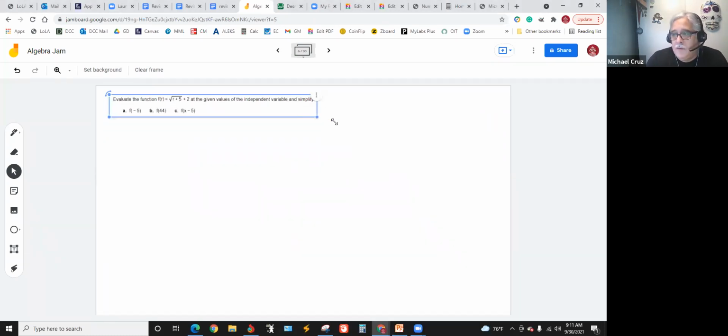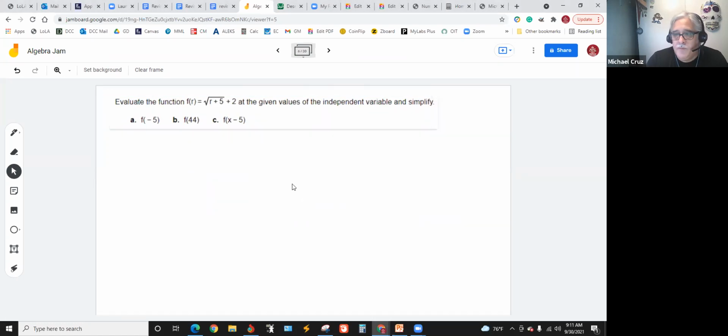All right, so here we go. There's just three different things they want us to evaluate. They want to evaluate A, which is f of -5. So we just drop -5 inside of that function.